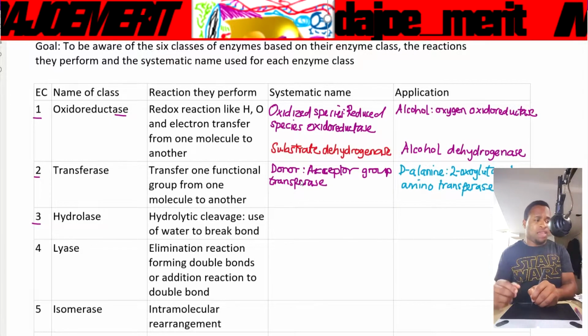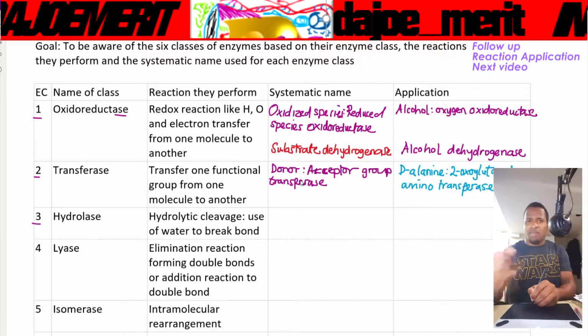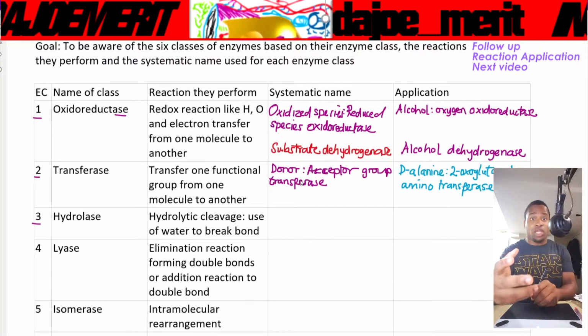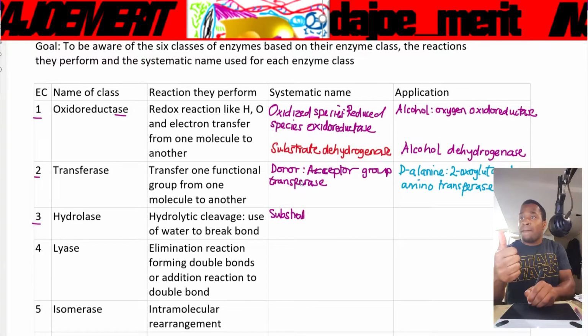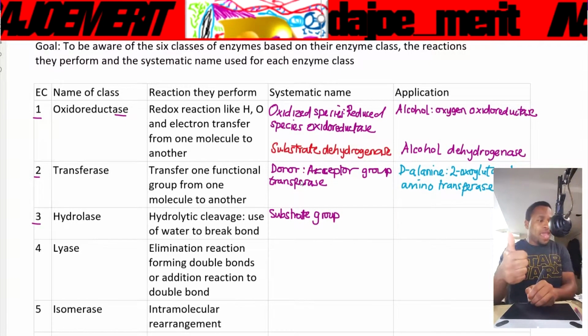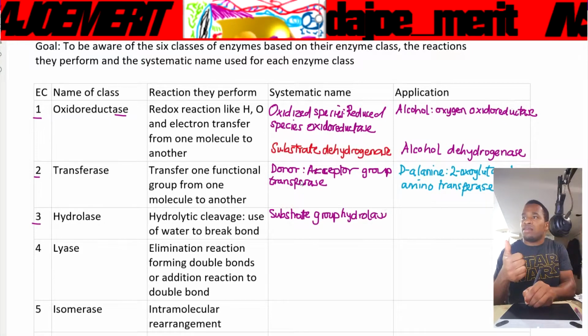To follow the systematic naming, we go with the substrate name first, followed by the group name, and then the generic name, which is hydrolase.